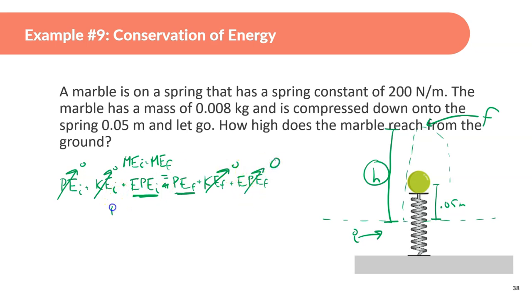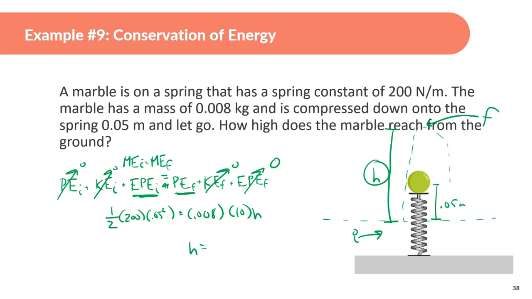So anyway, we have 1/2 K, which is 200, X squared, which is 0.05 squared, is equal to M, 0.008, G, 10, times H. H is what we're looking for, so let's put that into our calculator. 0.05 squared times 100 divided by 0.008 times 10.